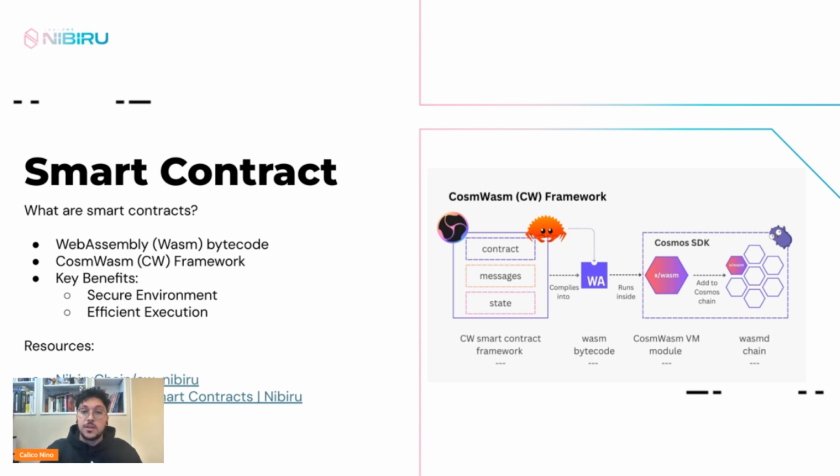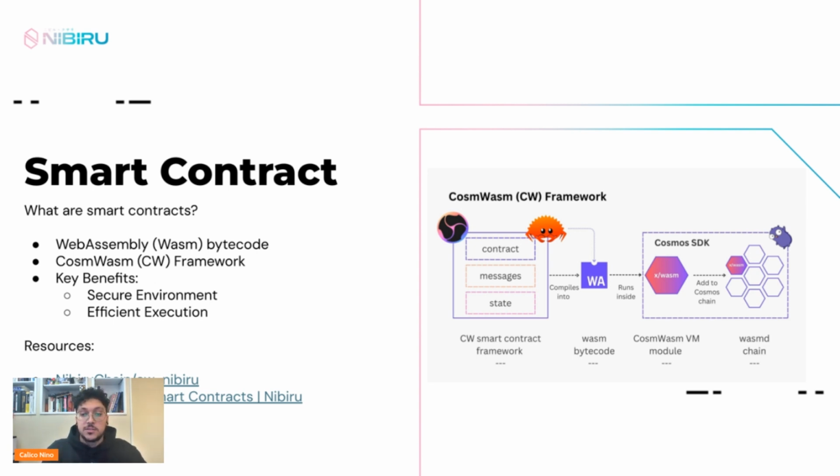Now, there are a lot of good benefits that CosmWasm brings us, mainly two: security and efficient execution. CosmWasm offers defense against re-entrancy and denial of service attacks, along with compile time checks for overflow and underflow issues. We'll talk about that a little bit more later, but it makes it ideal for secure smart contract development.